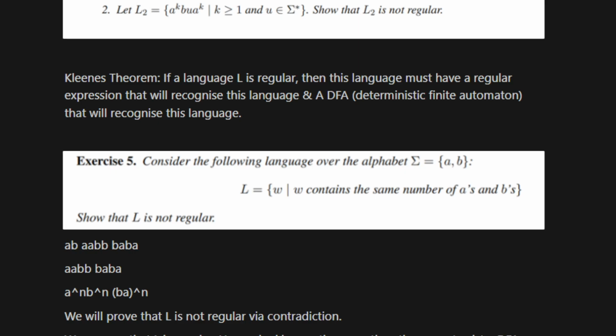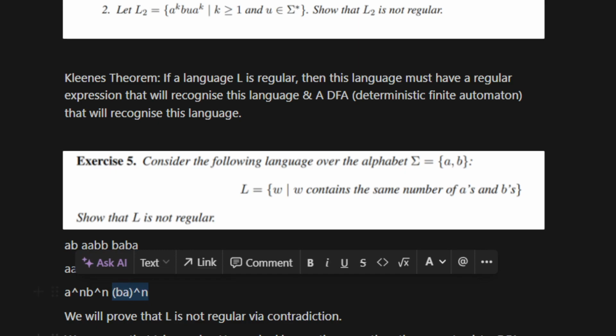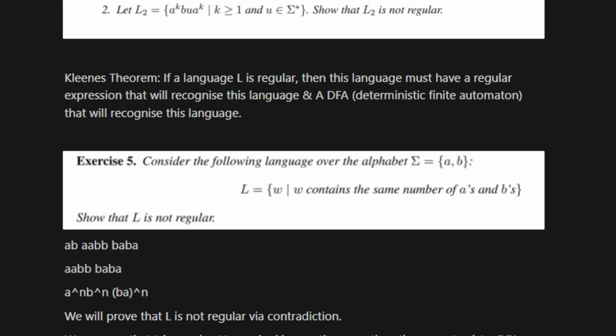So instead of making this more complicated, we're just going to reduce the language such that it has the same output. So L prime is equal to the set of a to the power of n, b to the power of n, such that n is in the natural numbers.